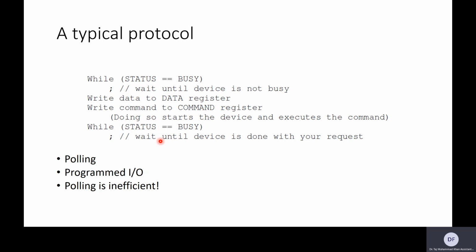So the device will get busy and it will do its work, and when it is finished doing the work, the device will send an interrupt to the CPU, and that way the CPU will know that now the status of the device has changed. Okay, so instead of waiting for the status to change and polling the status, the CPU can now forget about the device and go ahead and do some other useful work.